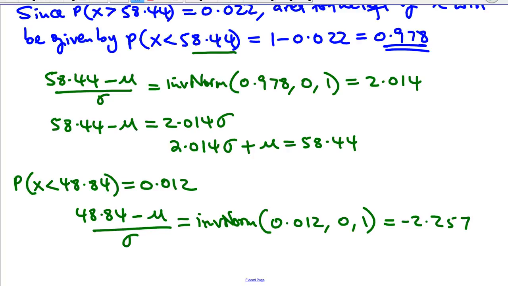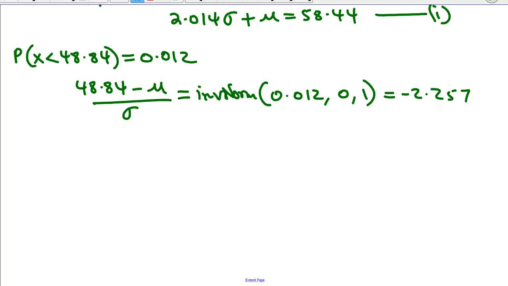So we have, remember this was the first equation. We need a second equation. So this can be given as 48.84 minus the mean will be equal to negative 2.257 standard deviation.